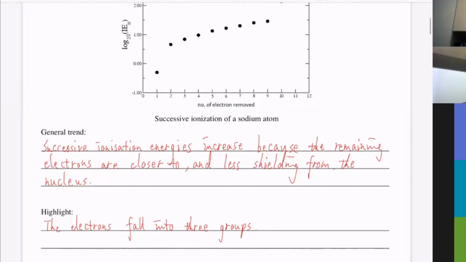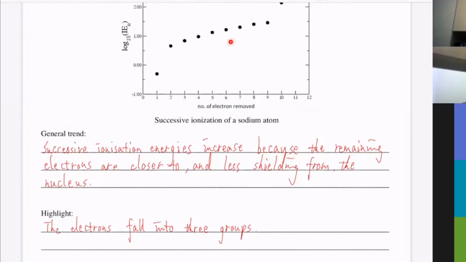And then for the second group, those 8 electrons in the middle are getting closer to the nucleus, and they experience less shielding, so they need a bit more energy to be removed from the atom or from the ion.